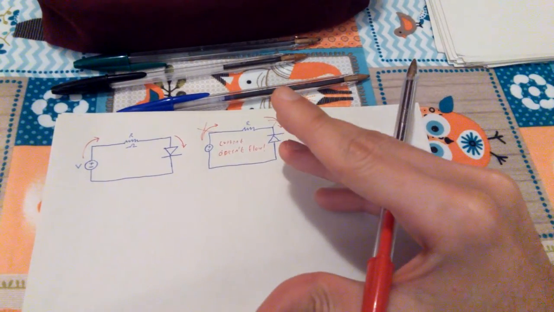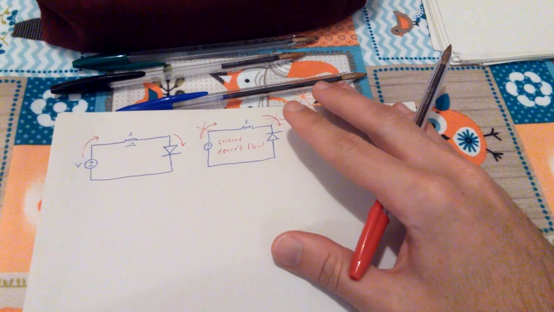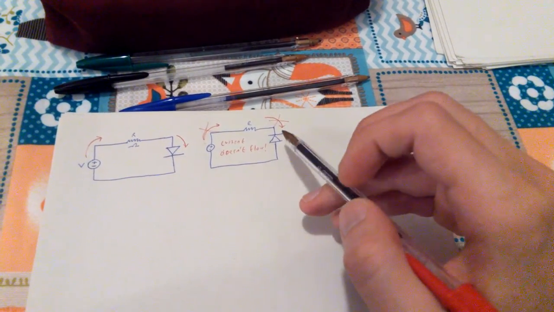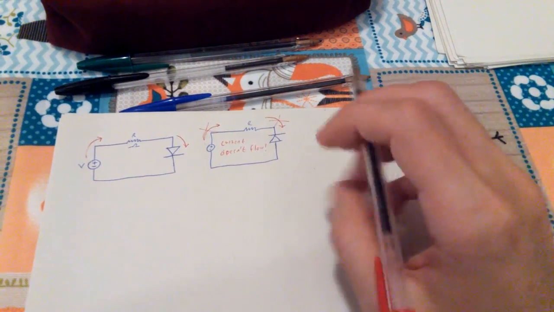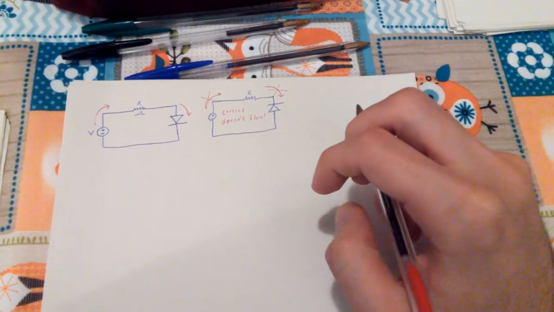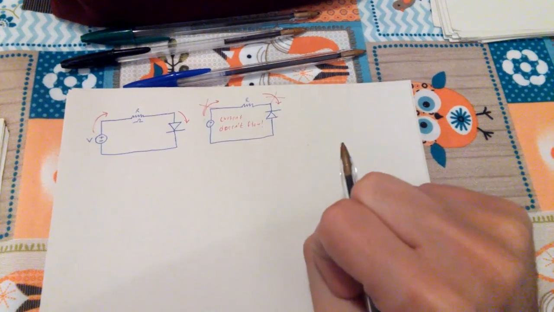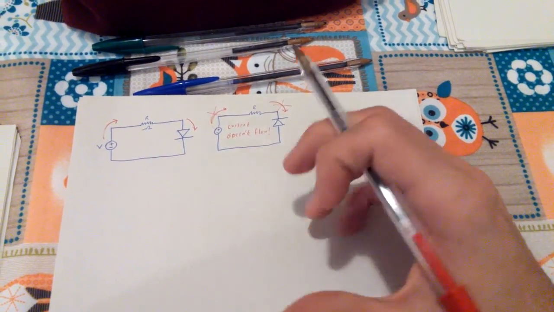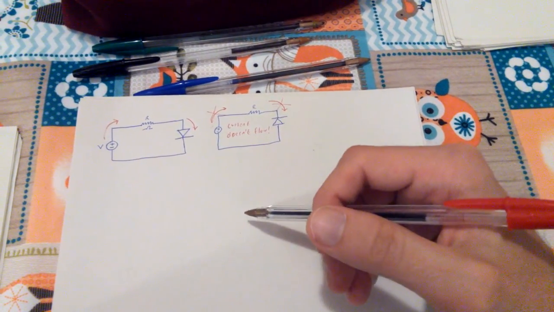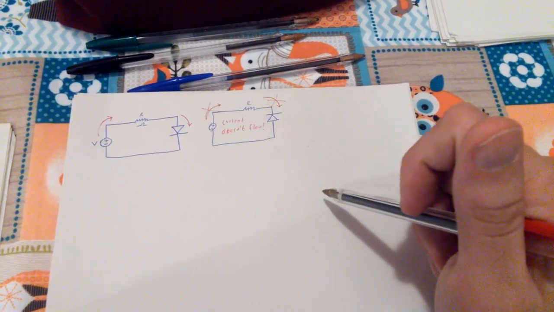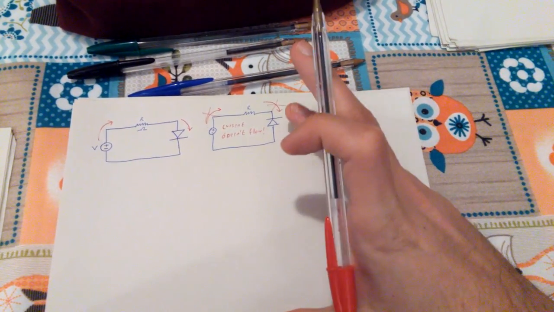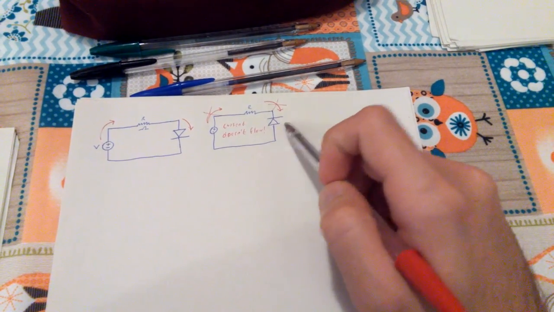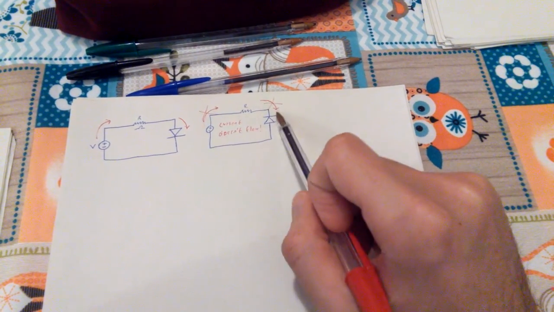Now, this is true to a certain extent, in the sense that in the real world, we can actually make current go this way through the diode anyway. But it's not very convenient, because each and every diode has a certain threshold, and if we exceed this threshold, we can actually let the current go through. Think about the diode as a very, very big resistance that stops the current from getting through.